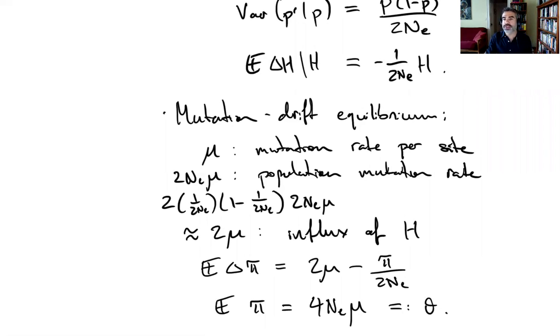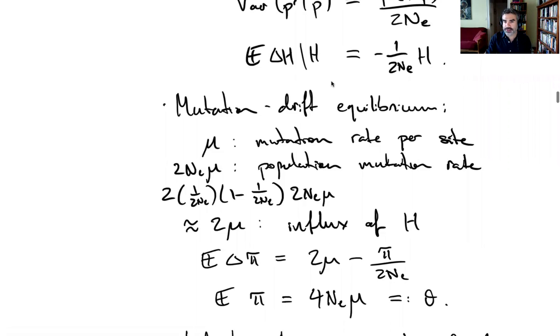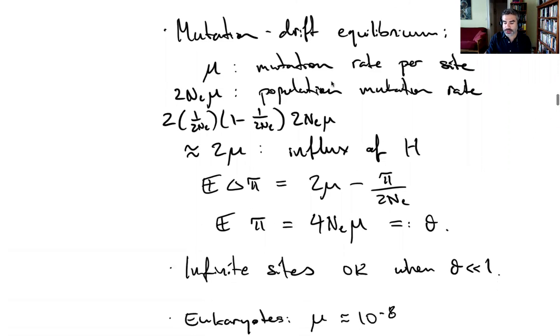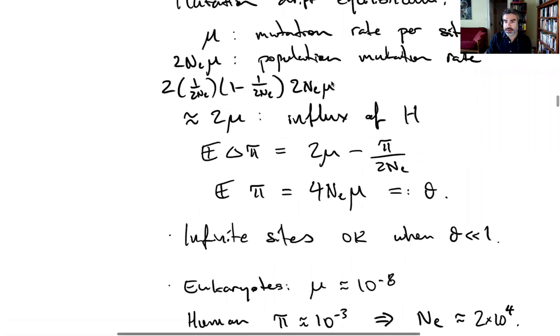Now, the infinite sites assumption is generally a reasonable one. That quantity theta is much less than 1. So in eukaryotes, mu, the per site mutation rate, is on the order of 10 to the minus 8. The mean heterozygosity of 10 to the minus 3 in humans then squares with the long-term effective population size of about 20,000.